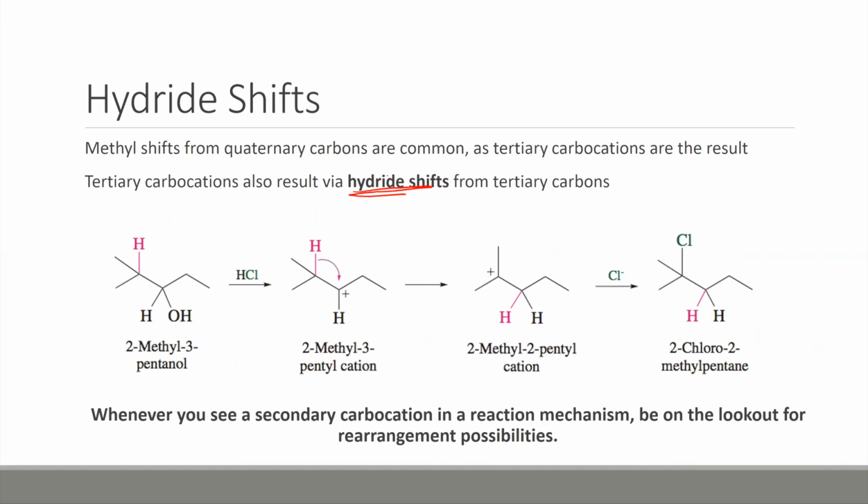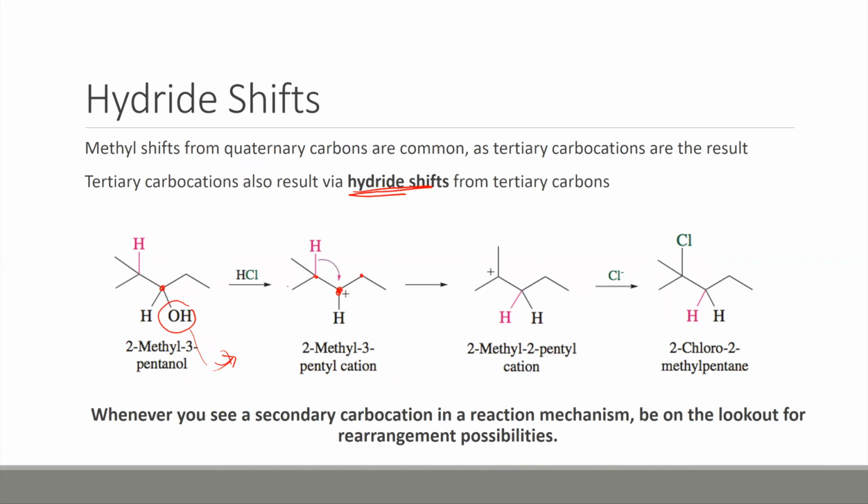So here again, we're starting with a reaction, 2-methyl-3-pentanol. Here's our alcohol. It's going to be protonated and leave, right? That's our first and second step. And you form a carbocation here. Now this is a secondary carbocation. It has 2 carbons attached to it.